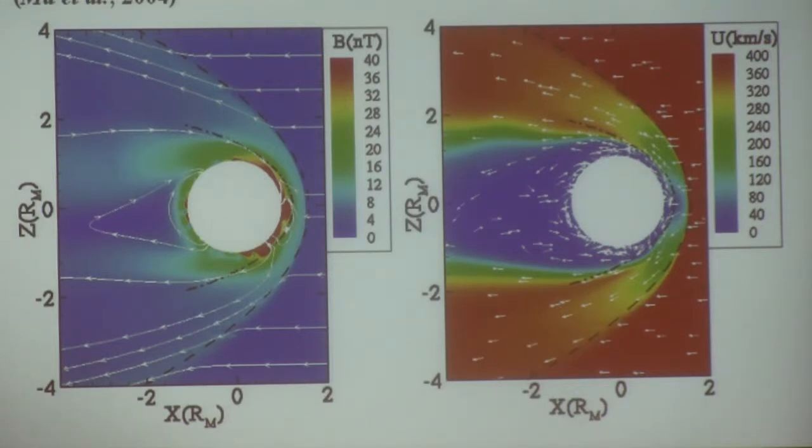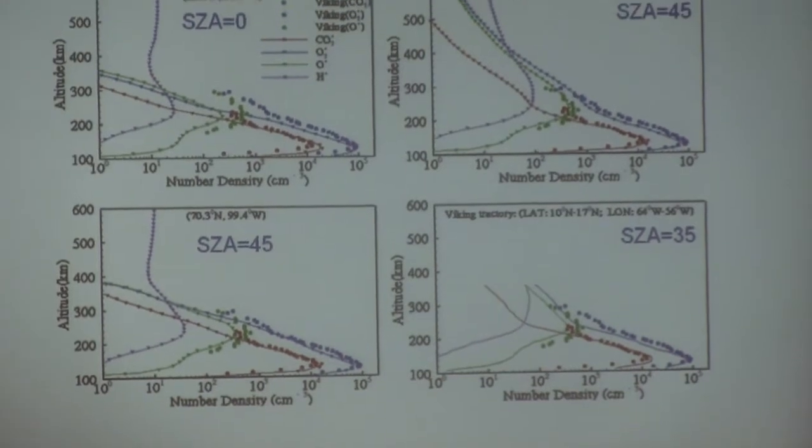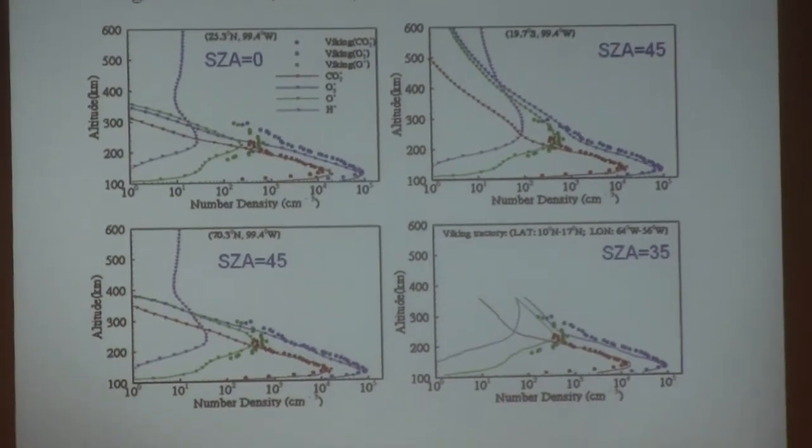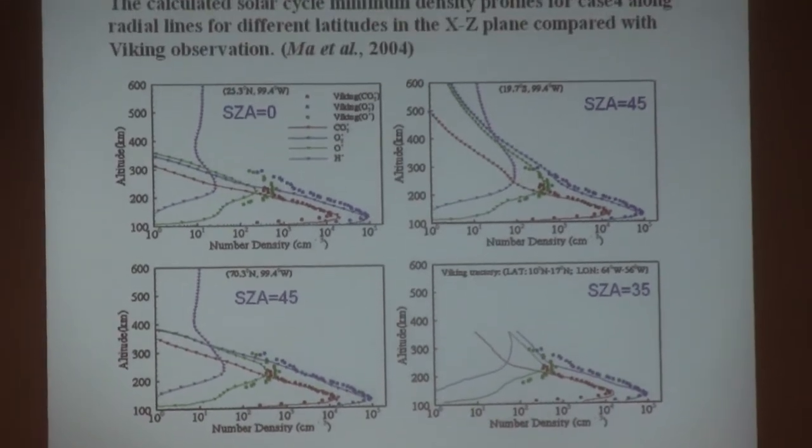If you look at the interaction, it's actually quite similar to what you have for Venus, except in this region, you see these red patches. These are due to the existence of the localized crustal magnetic field. Those crustal fields will also have an effect on the ionospheric structure.